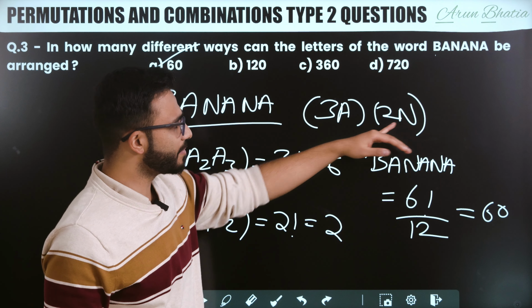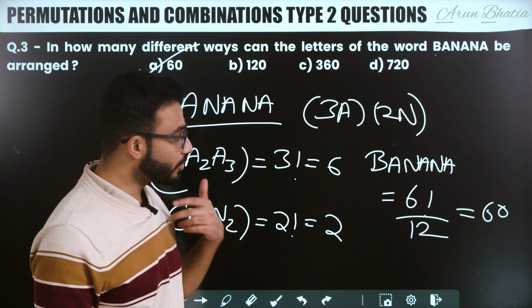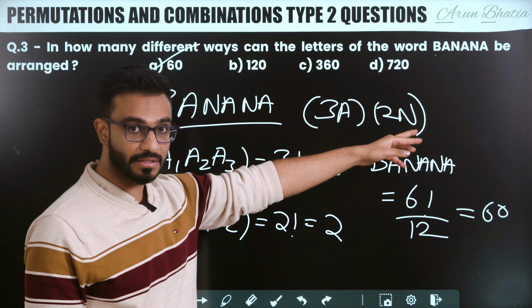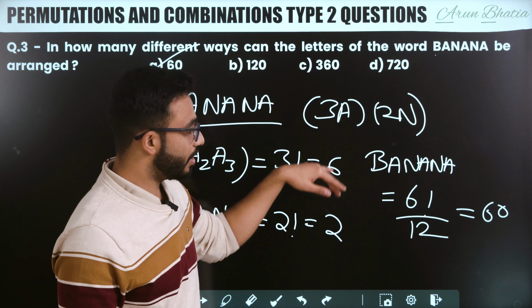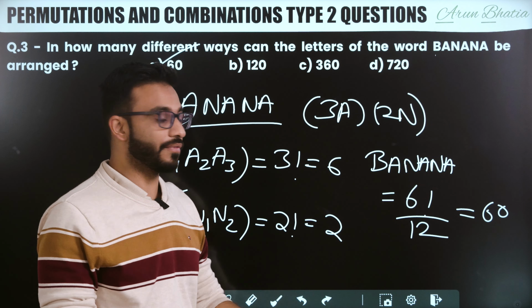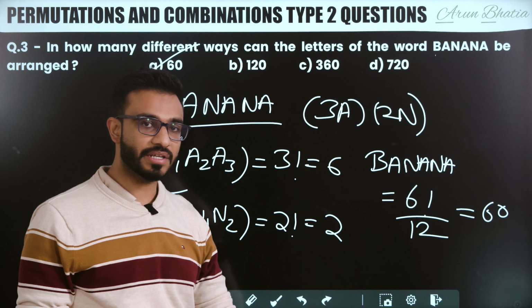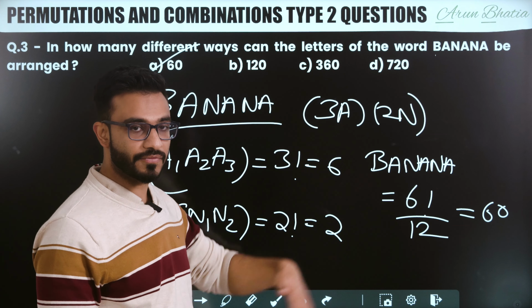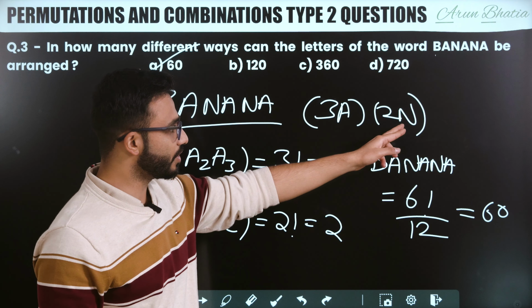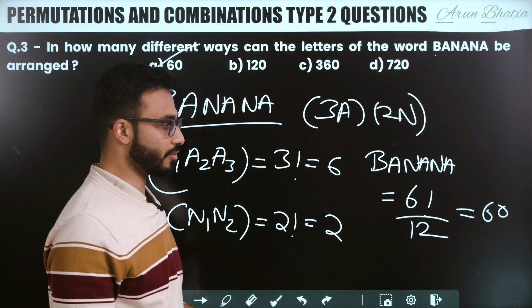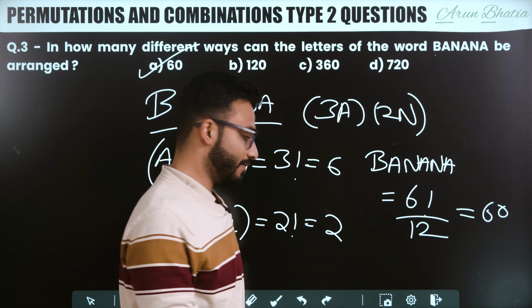We have N 2 times and A 3 times. So there will be 2 duplicates of N's when you try to rearrange banana in all the different ways, and 3 duplicates for each A. So again, that's 6 different ways of arranging A, and 2 different ways of arranging N. So multiply that, it's 12. That's why you divide by 12.